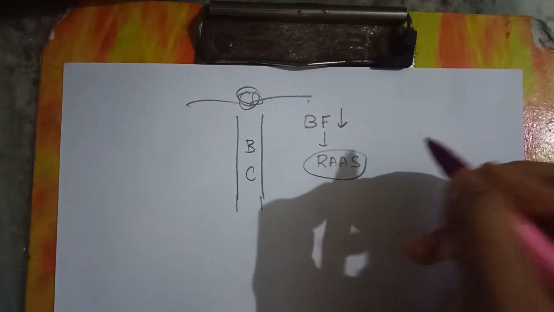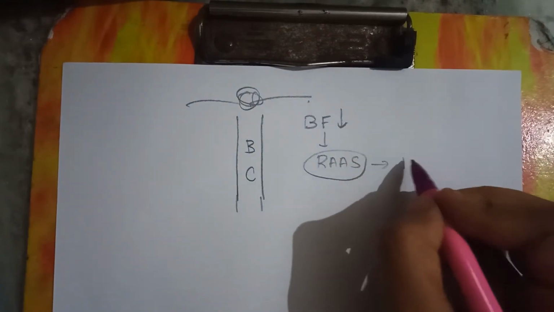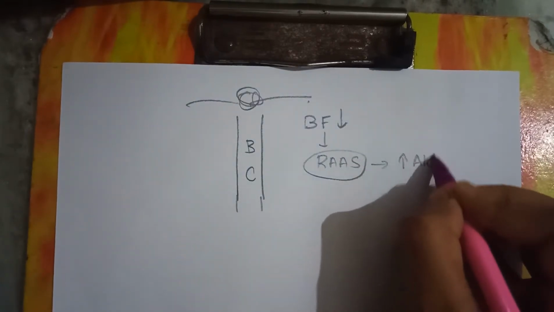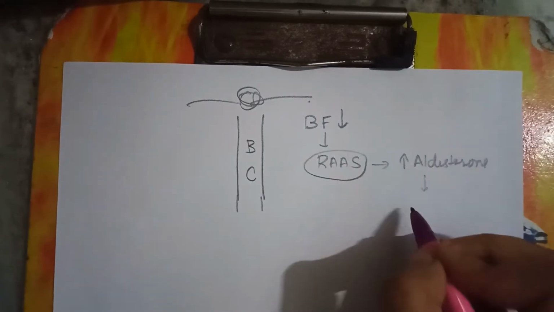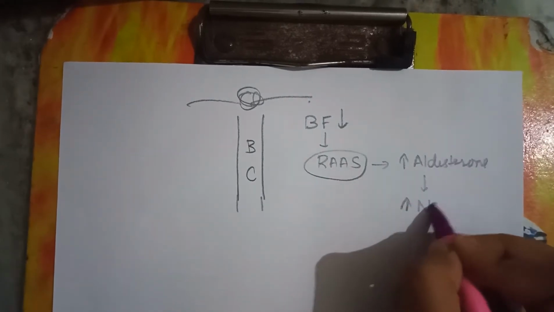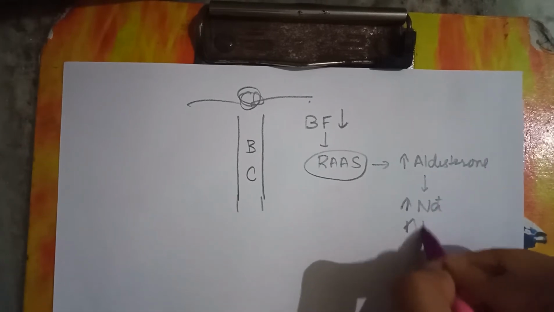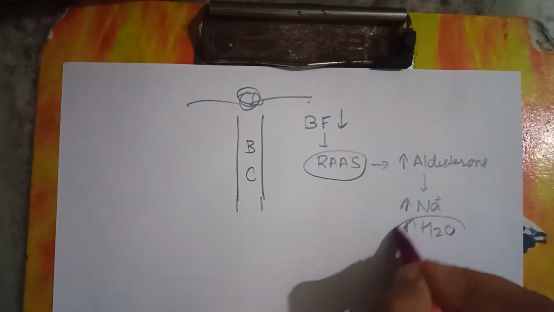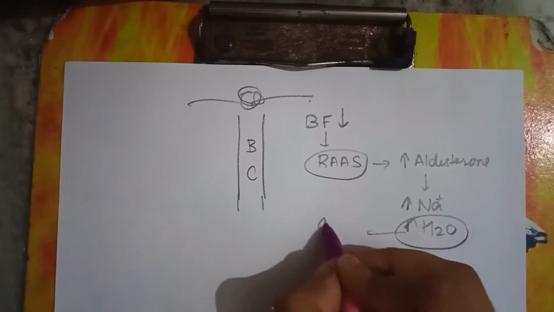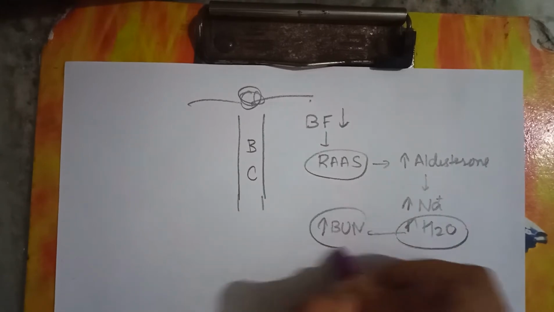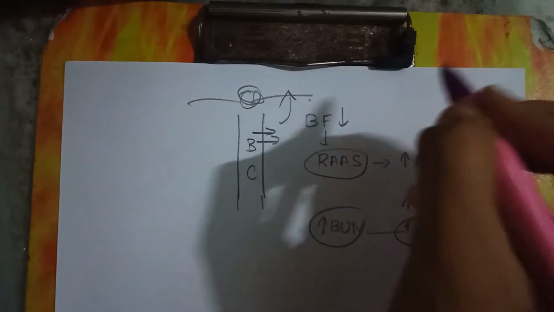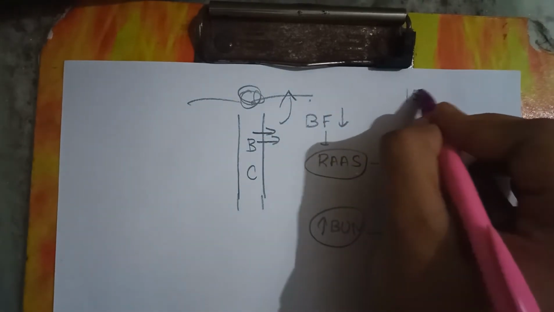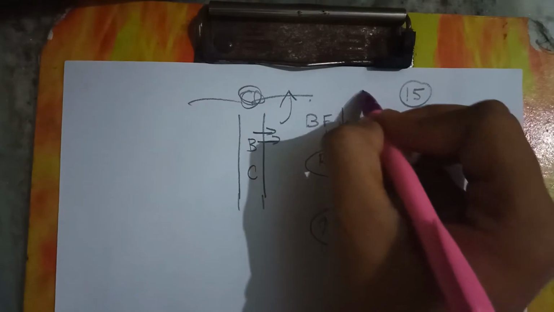Because of activation of RAS, there is an increase in aldosterone. This will lead to increased reabsorption of sodium. Along with sodium, there is increased reabsorption of water. Along with water, there is increased reabsorption of blood urea nitrogen. Therefore, more blood urea nitrogen is absorbed and sent back. Rest of the time it is 15, now it is more than 15.